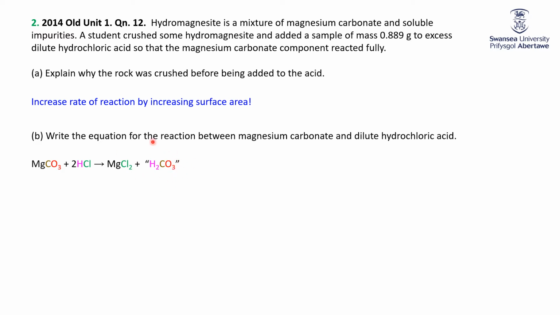I put that in quotes because that doesn't hang around for very long. It decomposes into carbon dioxide and water. So the whole reaction, MgCO3 plus 2HCl, goes to MgCl2 plus CO2 plus H2O. Just like I said.